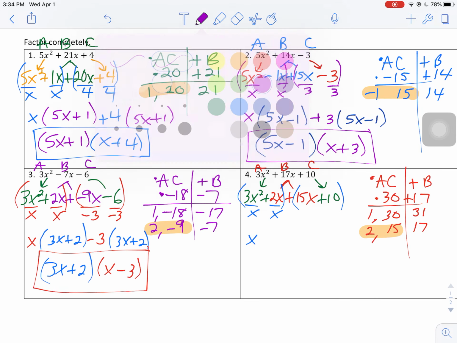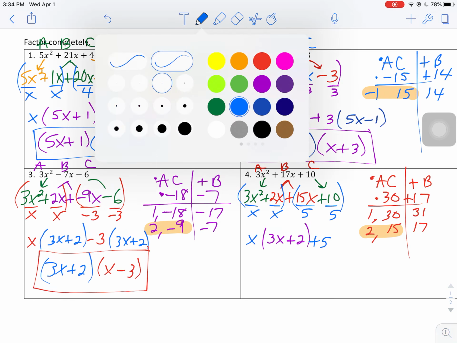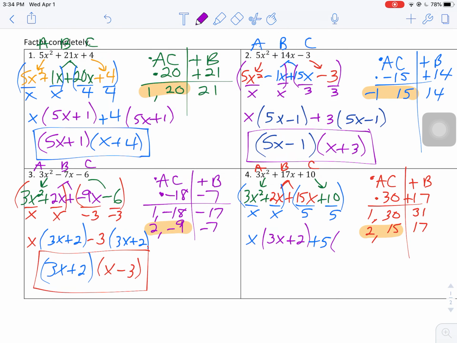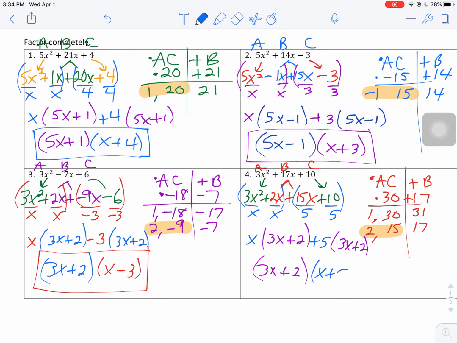Divide by a GCF of x in the front. Divide by a GCF of 5 in the back. And that should be good. And then you have 3x plus 2 that gets pulled out in the front. And then x plus 5 as your leftovers in the back.